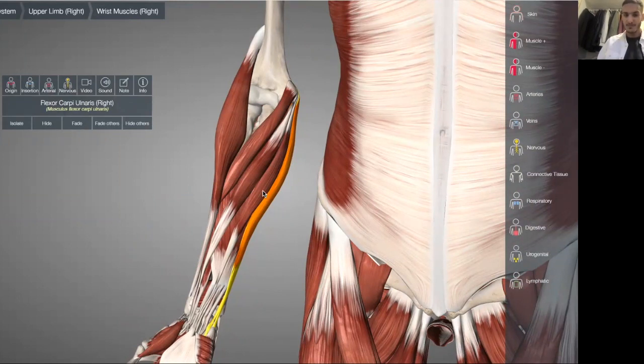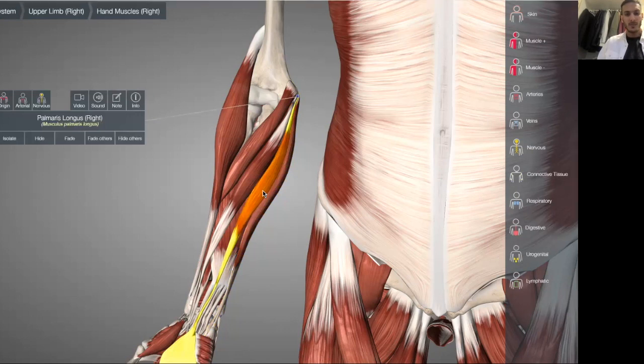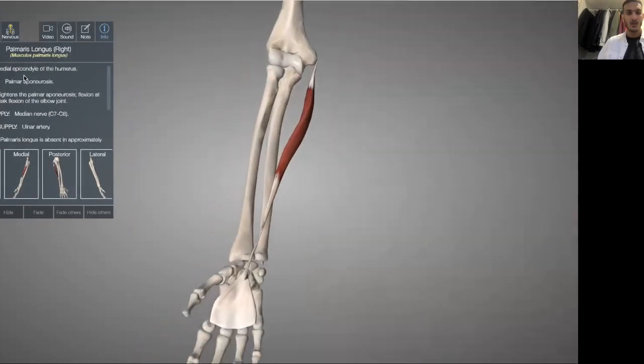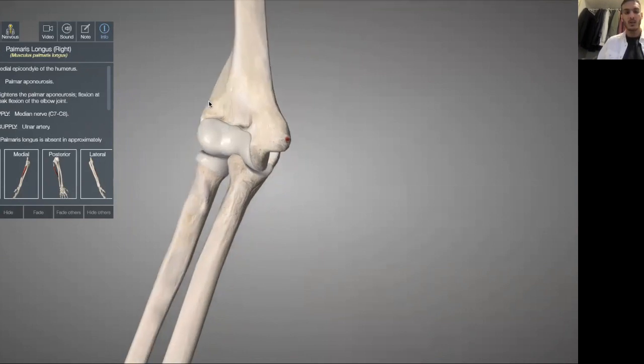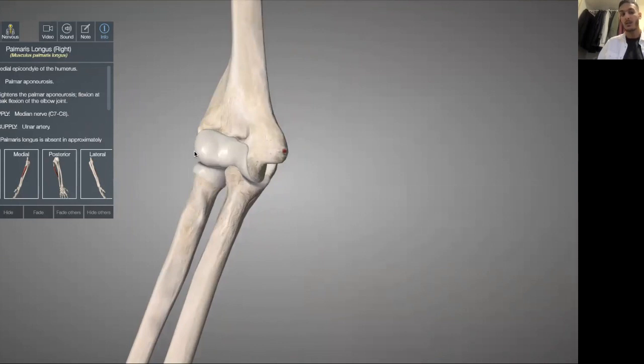Okay. Now, the next one we're going to talk about, from the most medial aspect to the lateral aspect. The second one that meets us is the palmaris longus. The origin is on the medial epicondyle of the humerus and the insertion is the palmar aponeurosis. There's an aponeurosis found on the palmar aspect of the hand, and that is where the palmaris longus inserts.